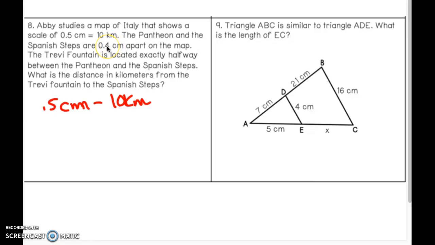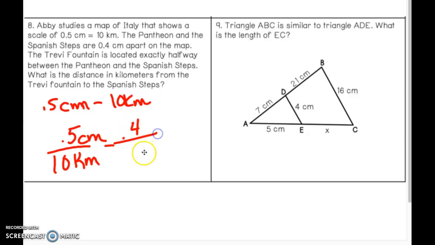So, if it's 0.5, let's find the whole distance. So 0.5 centimeters, I'm going to label them, equals 10 kilometers. If they are 0.4 apart, then how many kilometers apart are they?